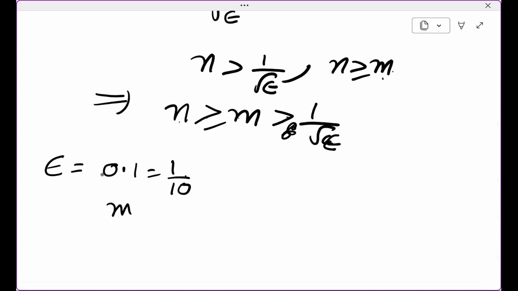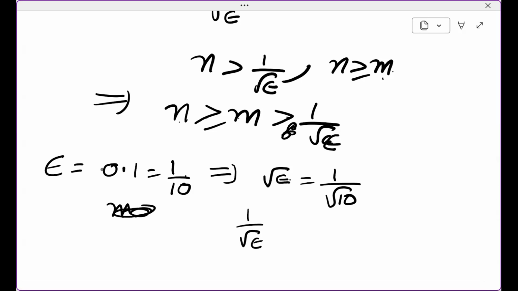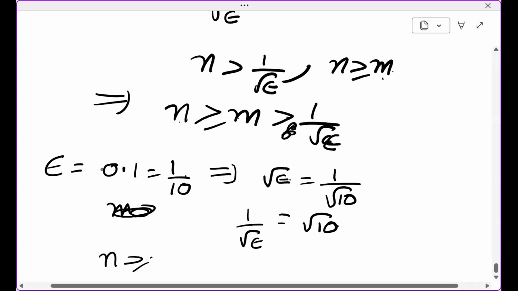So m should be greater than 1 by root epsilon. So what is root epsilon? 1 by root 10. What is 1 by root epsilon? Reciprocate, root 10. So n should be greater than or equal to m.